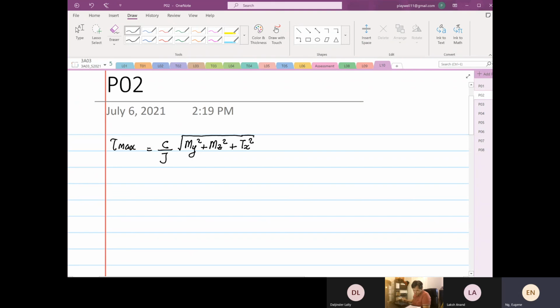This is the expression that we have. The tau max over here is from the material handbook, this is the value. This over here is from your structure analysis.